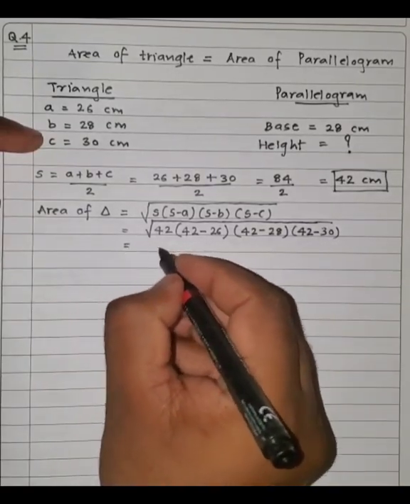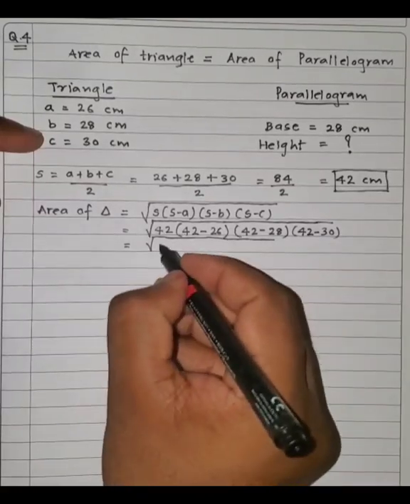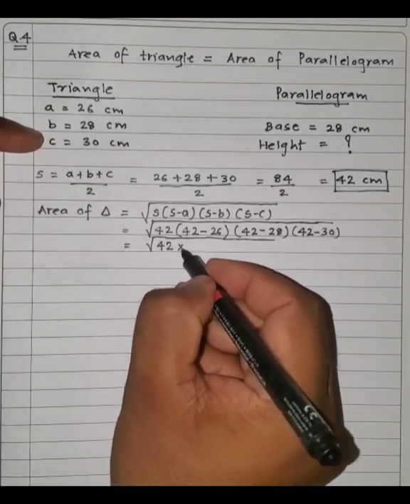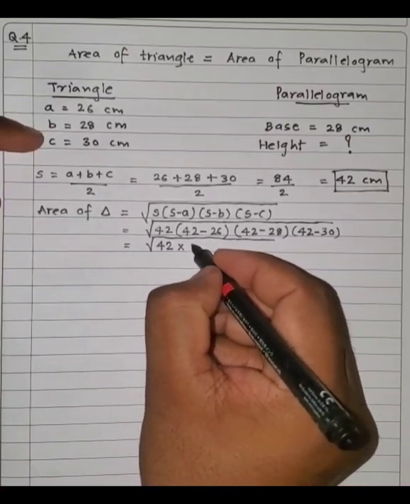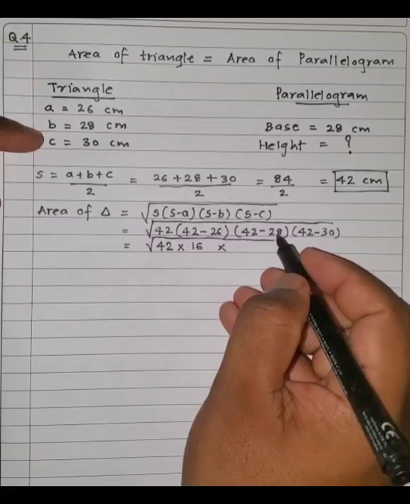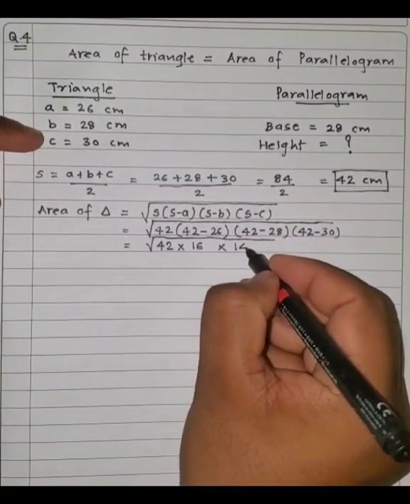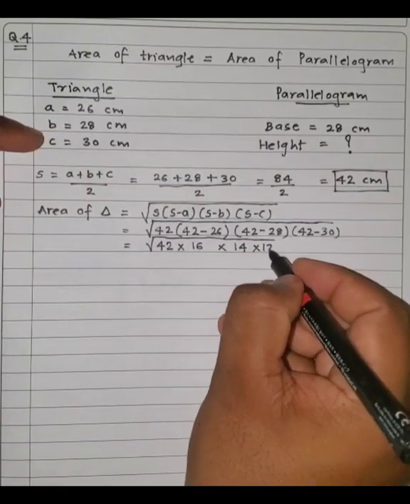The next step is I'll solve the brackets. So 42 is written as it is. 42 minus 26 is actually 16. 42 minus 28 is actually 14. And 42 minus 30 is 12.